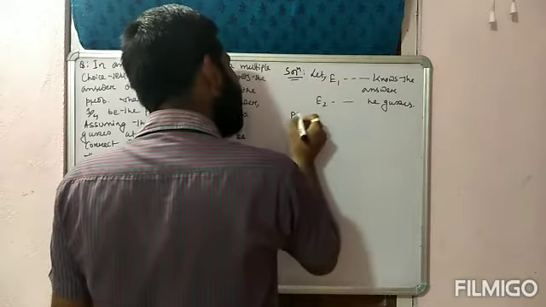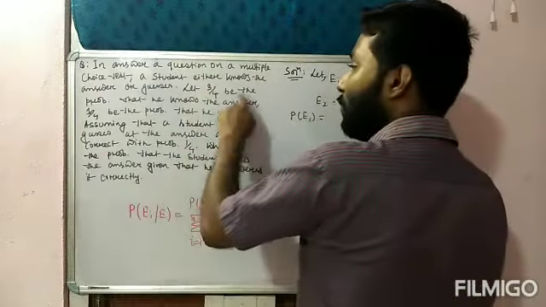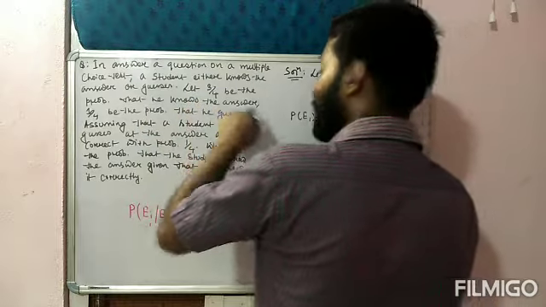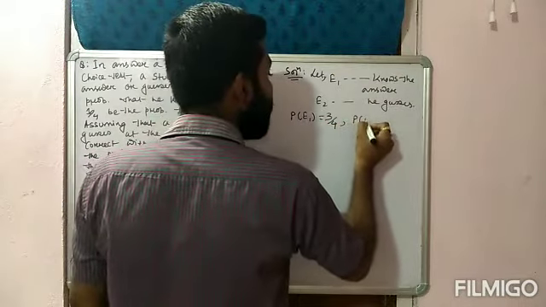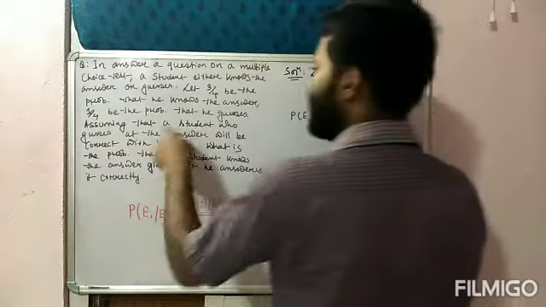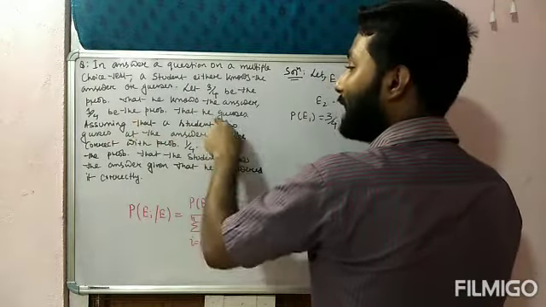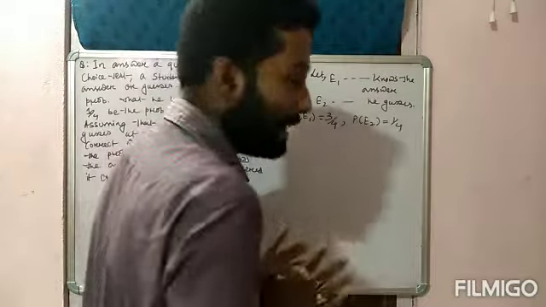Probability of E1 is given in the question, 3 by 4. P of E2 is also given, that is 1 by 4. तो चलो यहाँ तक clear हो गया और values भी मैंने लिख लिया.